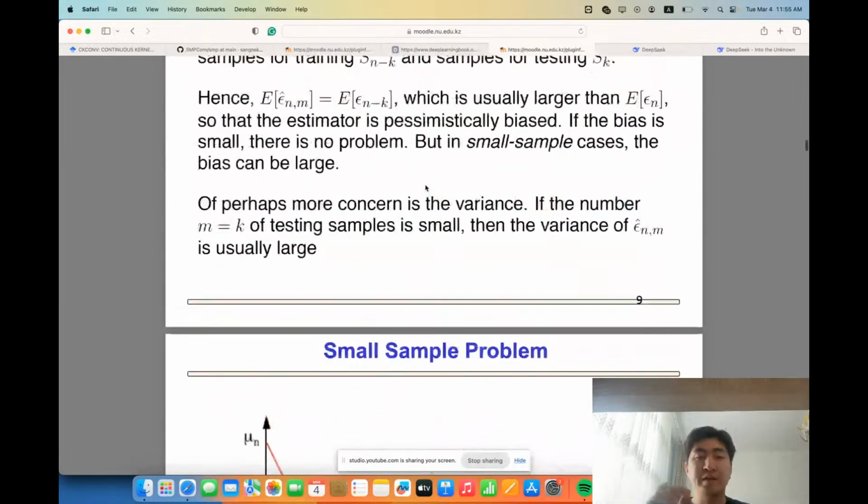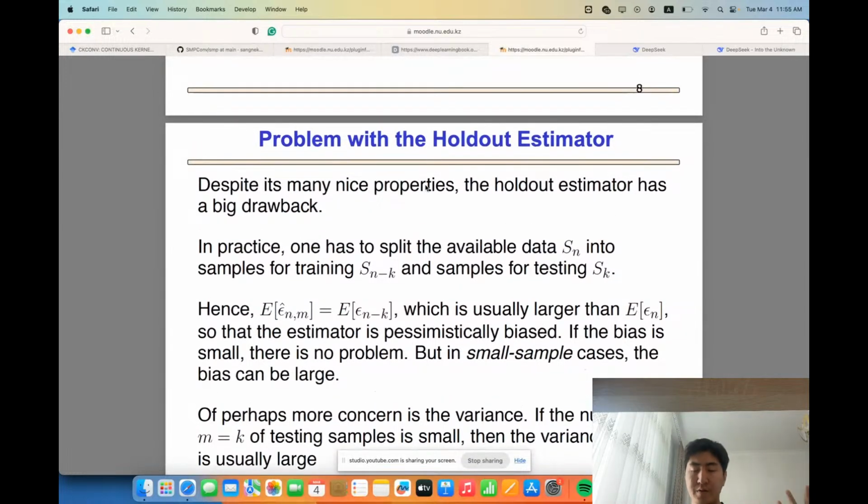Okay, so in conclusion, with the holdout estimator we've got two main problems. The first is that when we try to evaluate the model on a small sample data set, holdout may really experience problems because its error estimation metrics may not be so reliable.